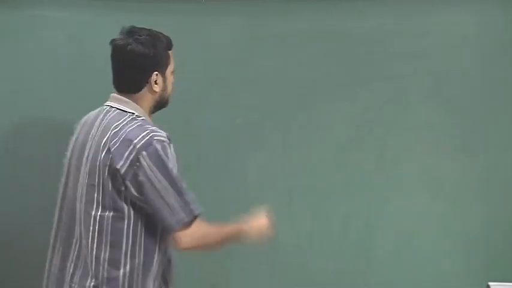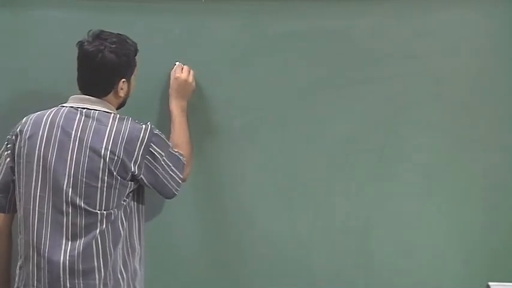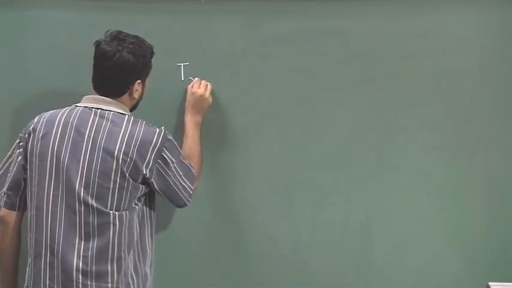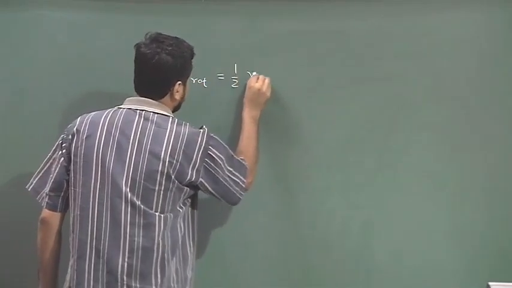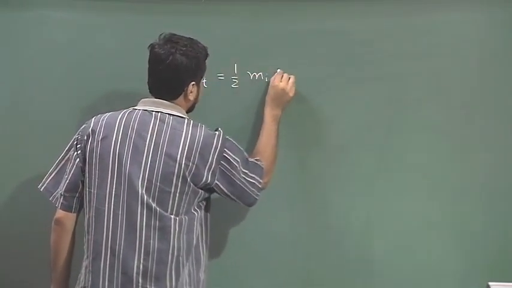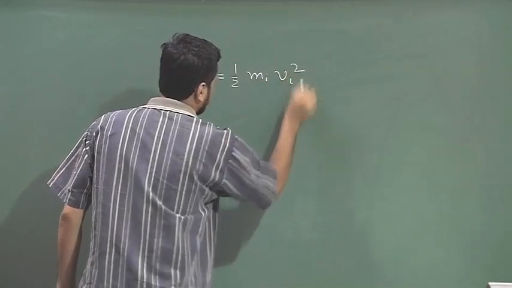The kinetic energy of a rigid body is T, and we can write T rotation as half m_i v_i squared.